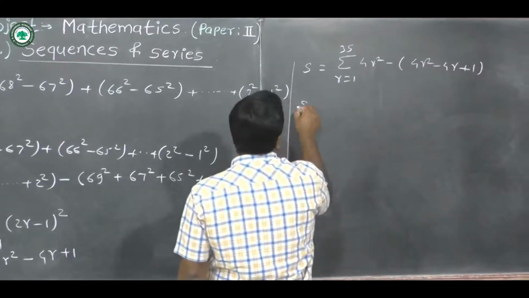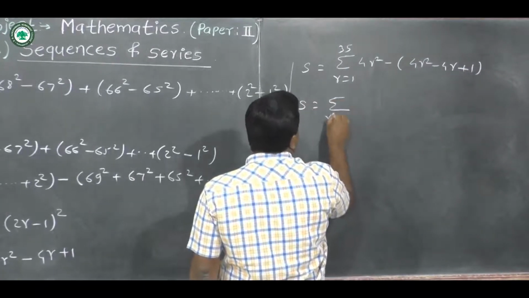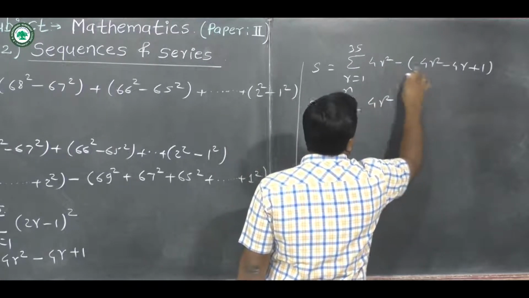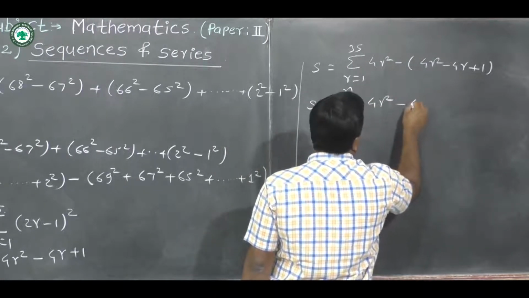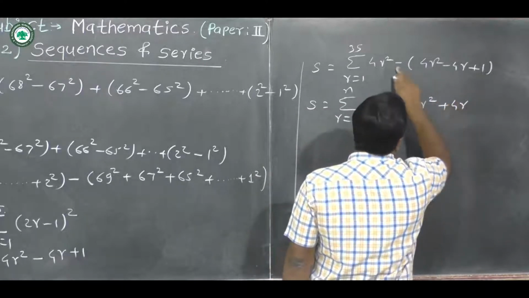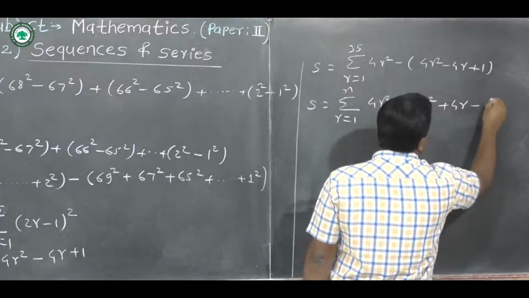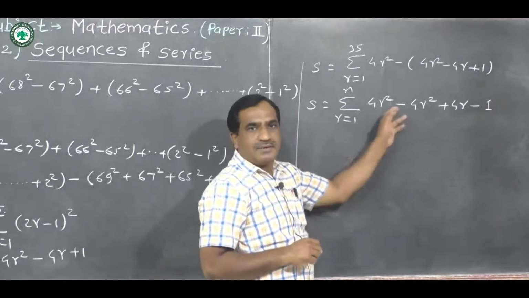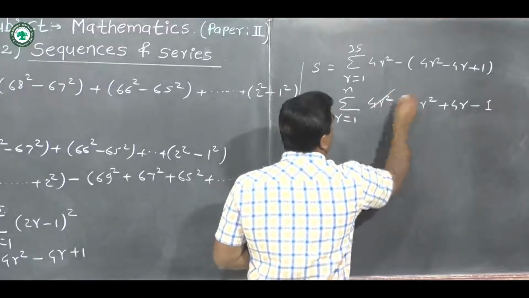That is, S is equal to summation r goes from 1 to n, 4r square, taking the product here, minus into 4r square, minus 4r square, minus into minus plus 4r, minus into plus minus 1. Okay, now here these two terms are similar but opposite in sign, so they cancel out.